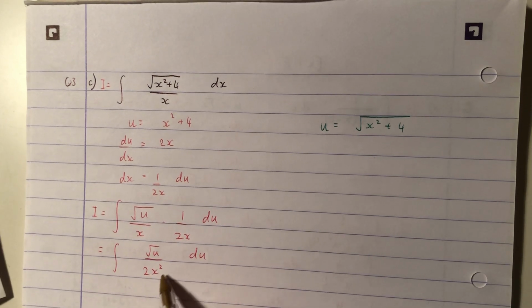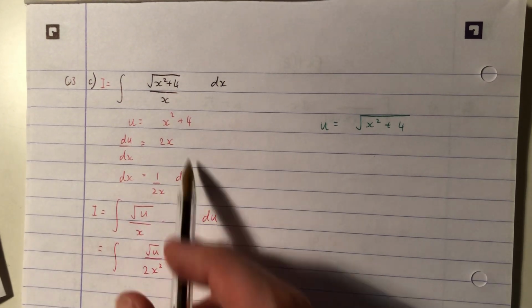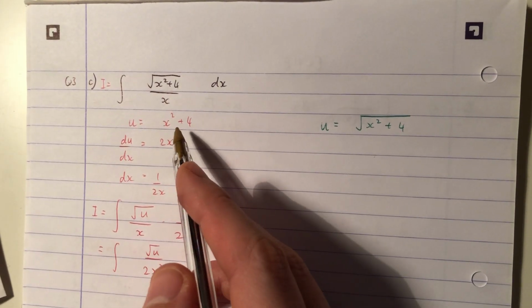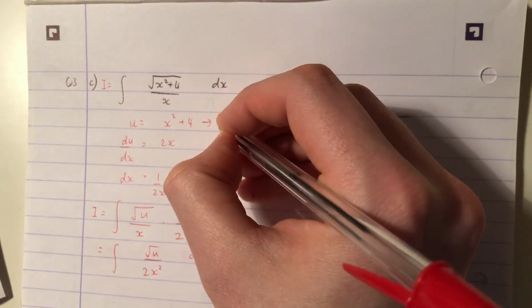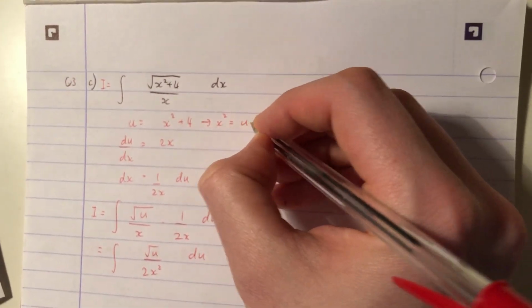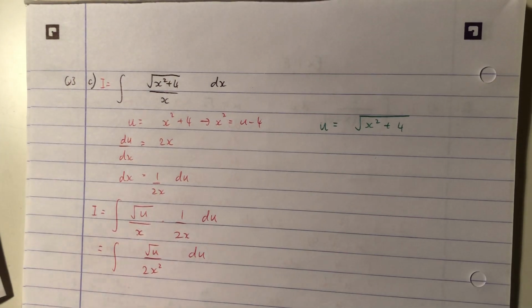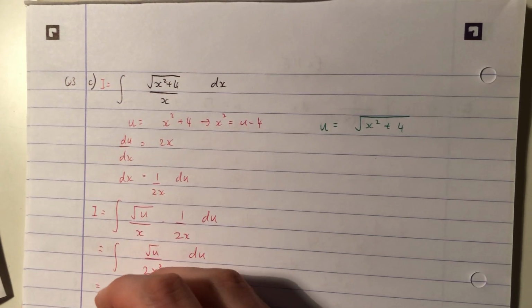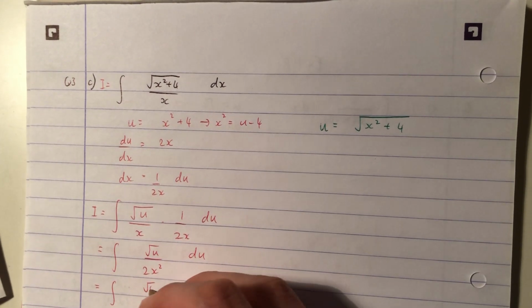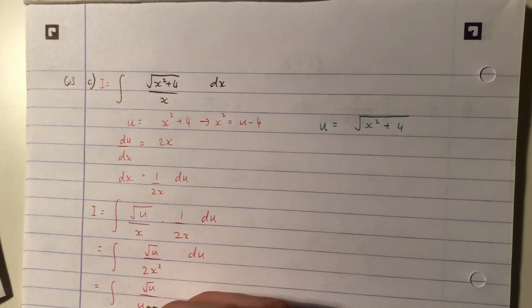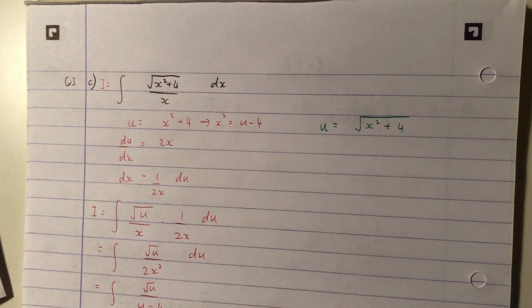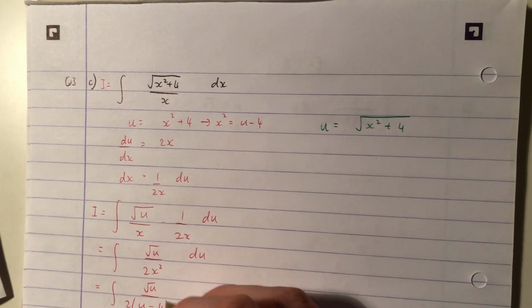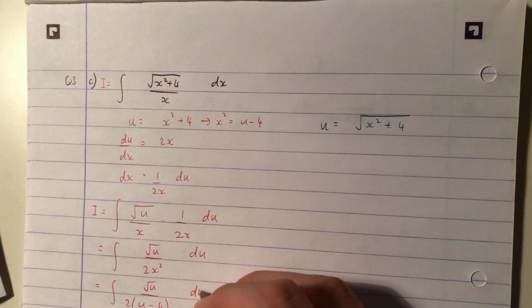Still got an x in there, but you can make x squared the subject. If you made x squared the subject, you'd get x squared is equal to u subtract 4. And this is equal to the integral of root u over u minus 4 times by 2 du.